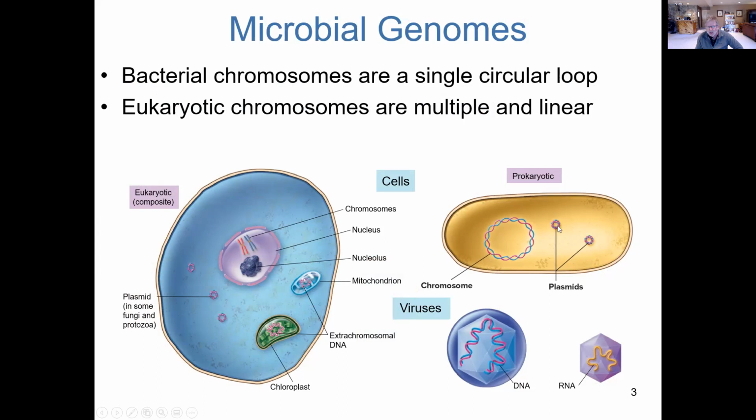Back to the bacteria for just a moment. In addition to the circular chromosome, we see these small extrachromosomal circular structures, again called plasmids. And again, in RNA and DNA viruses, we can see those nucleic acids packaged in that outer protein coat.